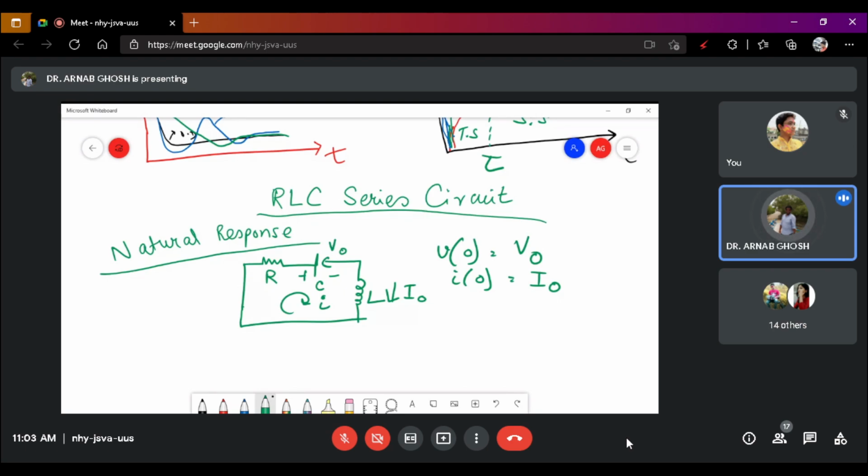Now what we will do, same current is flowing, so we will apply KVL. So what is KVL?